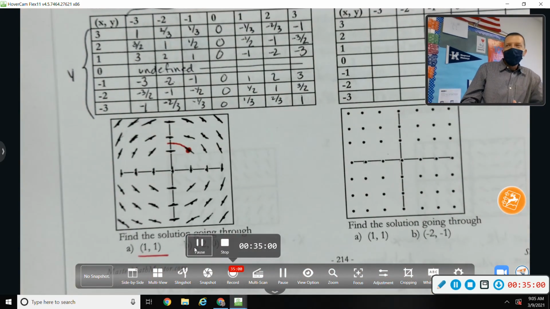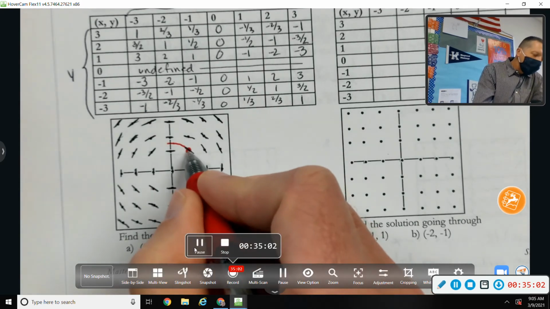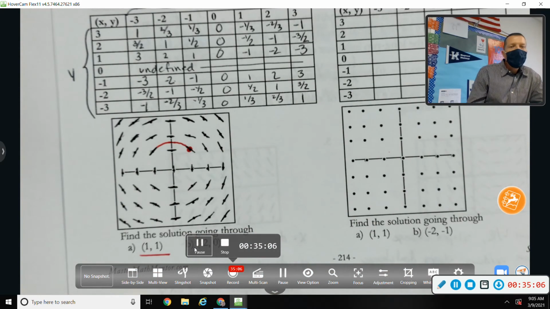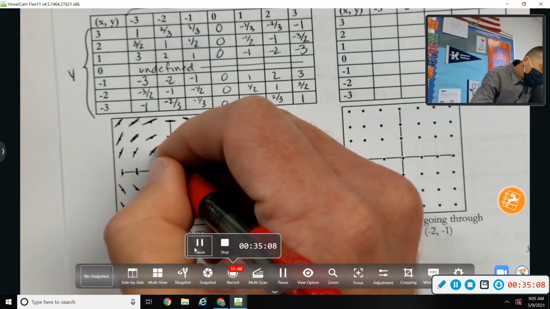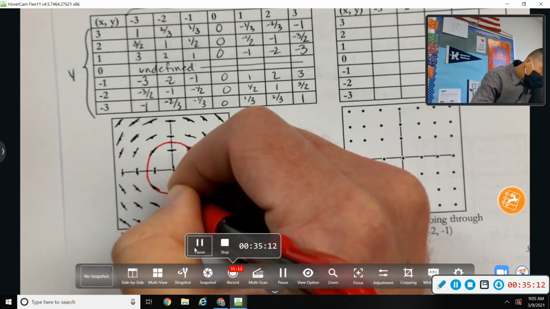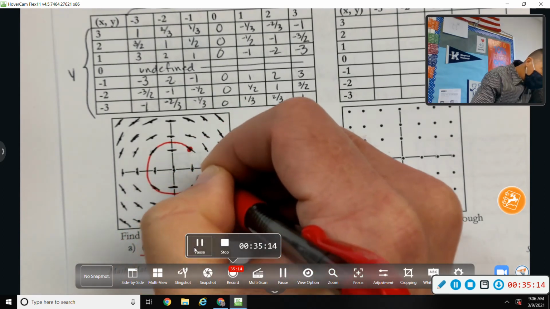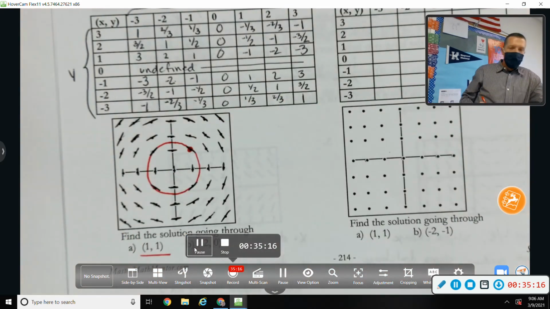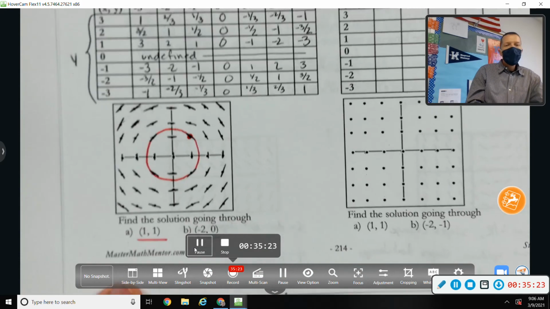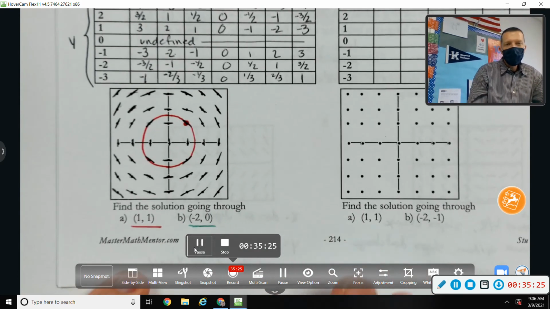Based on the symmetry of this thing, I'm going to guess that I'm going to go through all the 1-1s. And again, a second color might be helpful, although these aren't going to intersect, so you might be okay if you didn't.